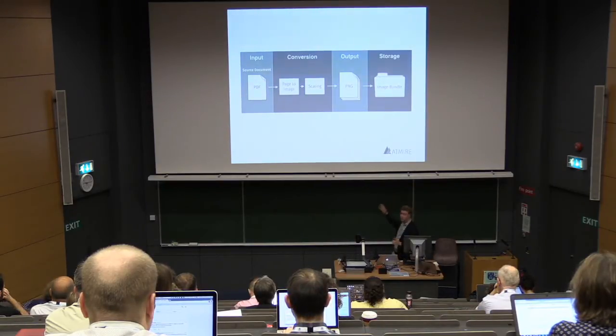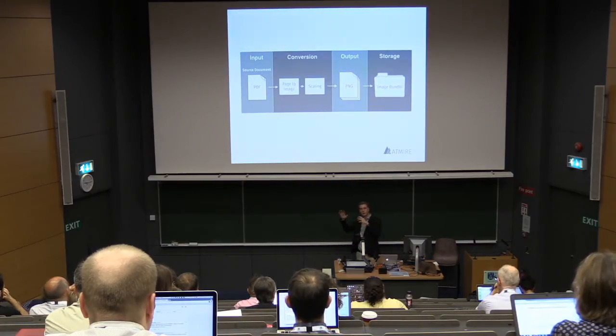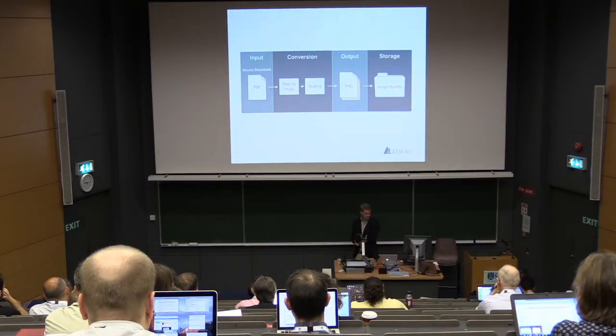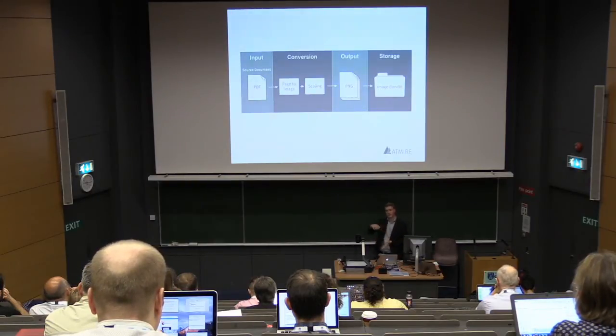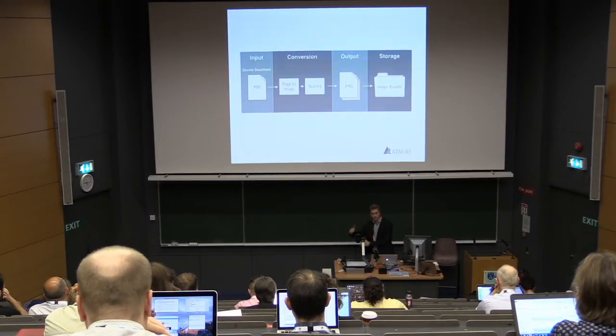After this conversion process, we will end up with a number of scaled and compressed PNG images, which are then logically created into bit streams and stored in an image bundle.